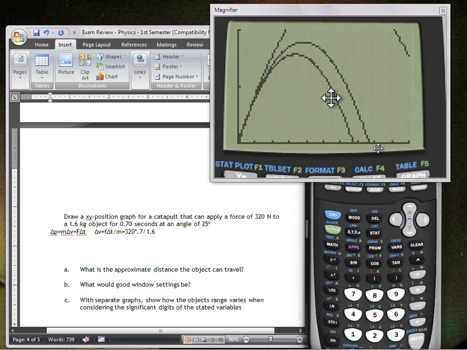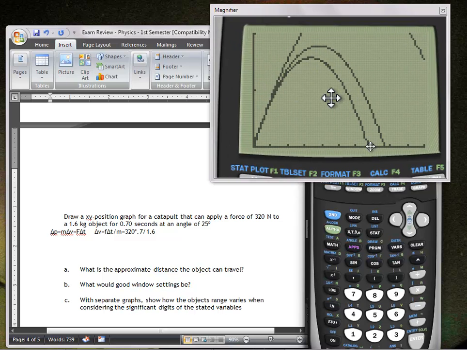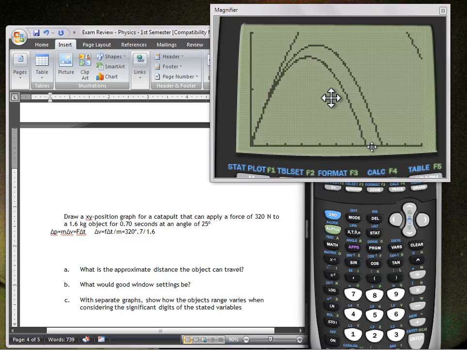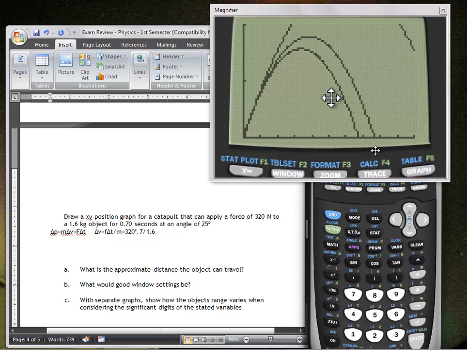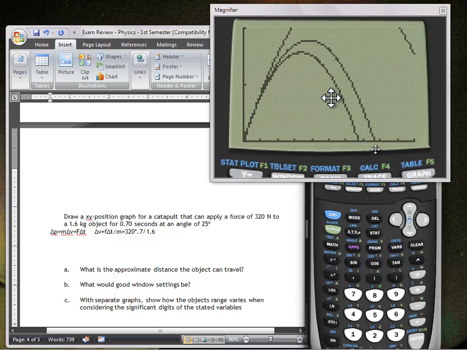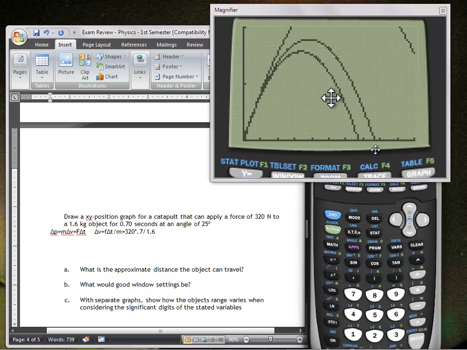And so 320 falls kind of in between there, and it looks like from the graph that it's gone anywhere from, let's see, that would be the 1, 2, 3, 4, 5, 6, 7th tick mark in, so that'd be a little under 1400 as a possible, and it looks like it could be past 2000 is the maximum. Now, in reality, it'd be pretty bad to be that far off to say that 320 newtons versus 400.